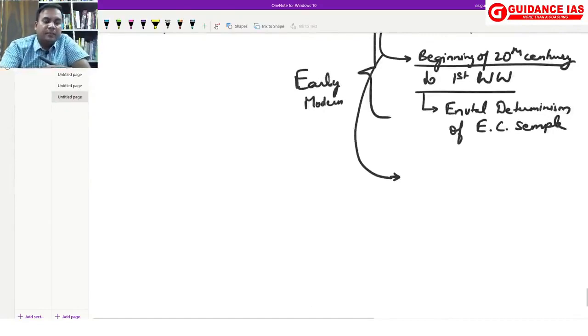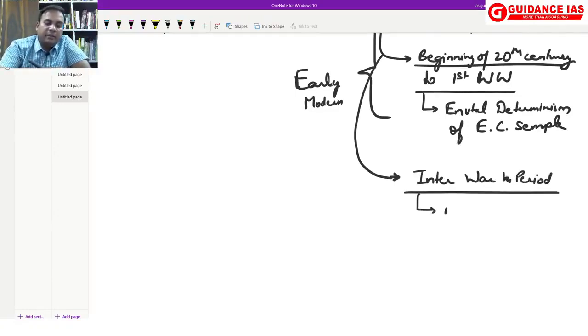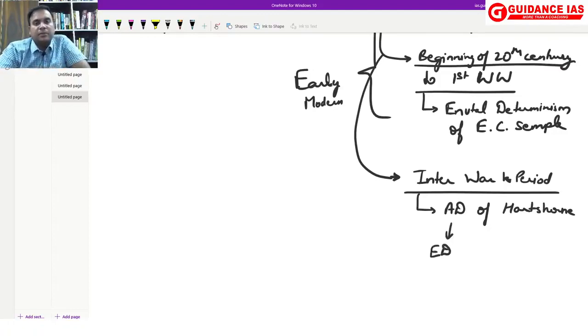Then we find the period we call the interwar period, between the First World War and the Second World War. Can I say areal differentiation of Hartshorne was dominant, and here again it was environmental determinism which was the base of areal differentiation. ठीक है.